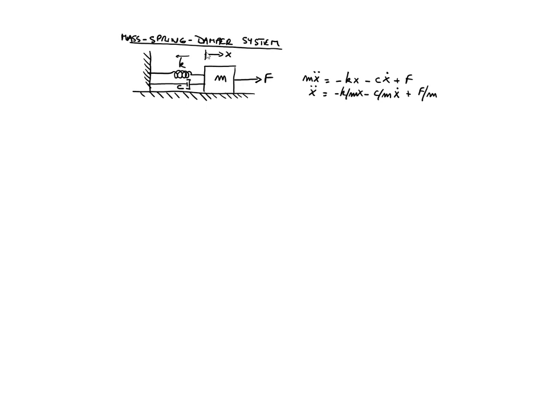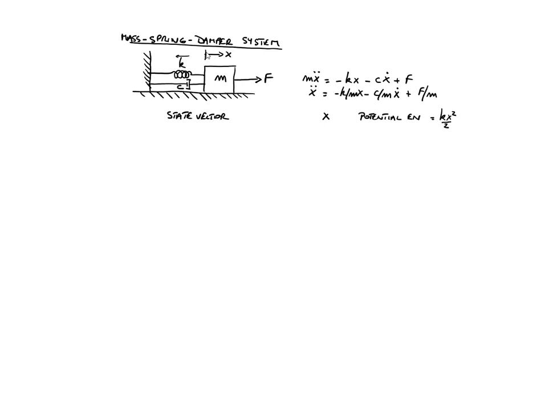So what will be the state vector? Well, we need to take the variable x because the potential energy is equal to k x squared over 2.